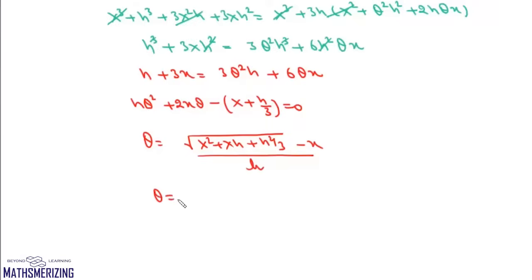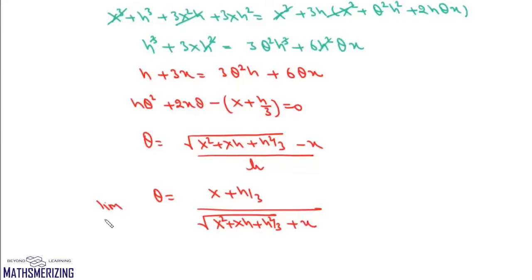We can write this as (x plus h by 3) upon under root of (x square plus xh plus h square by 3) plus x. Now if we take this limit h tends to 0, then we can write limit h tends to 0 theta equals, now this is x and here will be 2x. So this limit will be 1 by 2, which lies between 0 and 1.